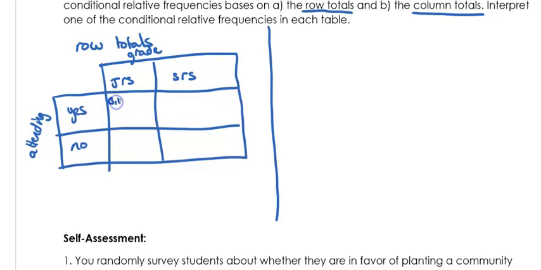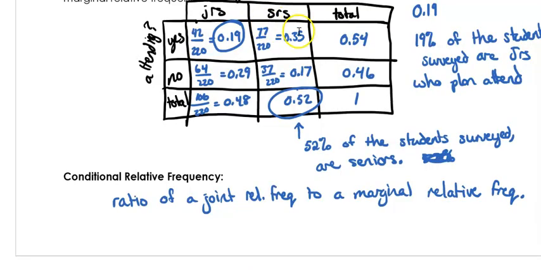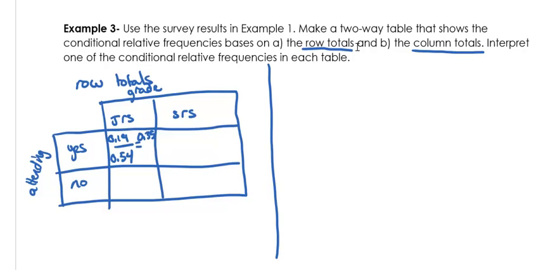So I'm going to take the 0.19 and divide by the row total, which was 0.54. That got me 0.35. Then on seniors, the number was 0.35 divided by the row total, 0.54. Sorry, I should have made this bigger. What I did in my calculator is 0.65.